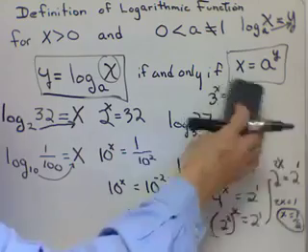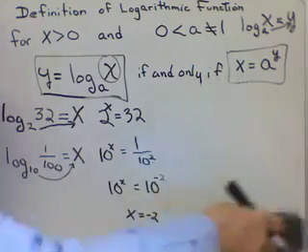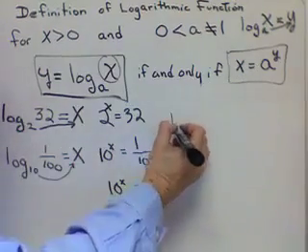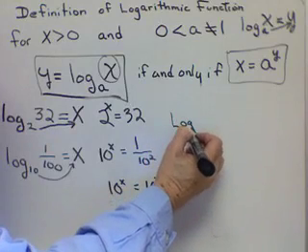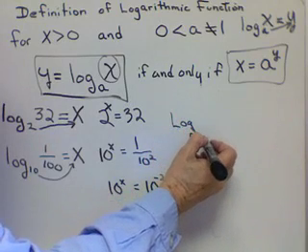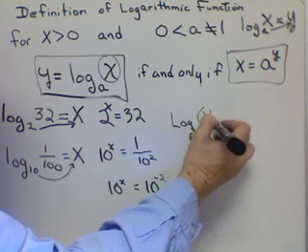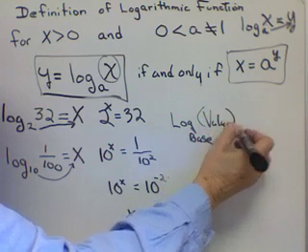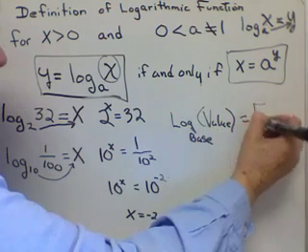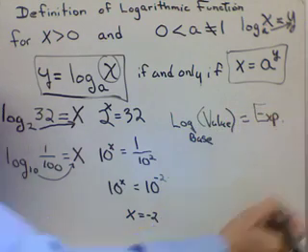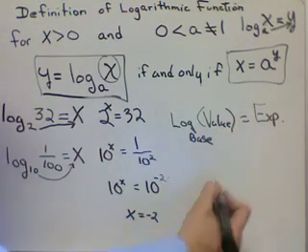I have a picture representation of a log problem. I call it like this: log to the base, the log of some value, to some base equals the exponent. There's my word picture representation of this problem.